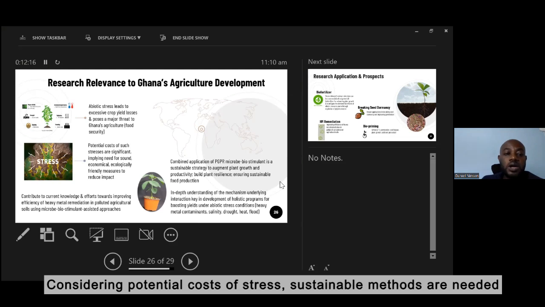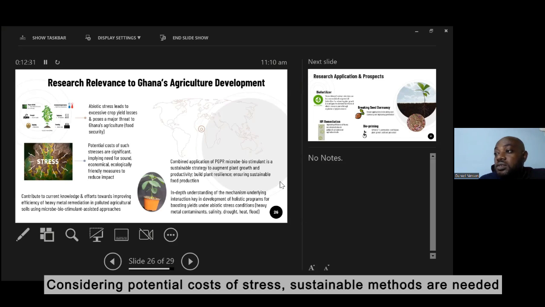And if we do a potential cost analysis, you realize that it's quite significant, with implications for both economic and ecological systems in the growing environment of plants.